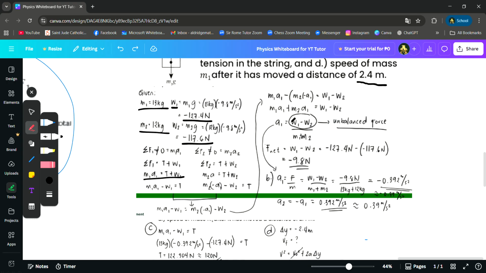So we transpose mass 1, we transfer. So mass 1 times acceleration 1 minus the quantity mass 2 times negative acceleration 1 equals weight 1 minus weight 2.